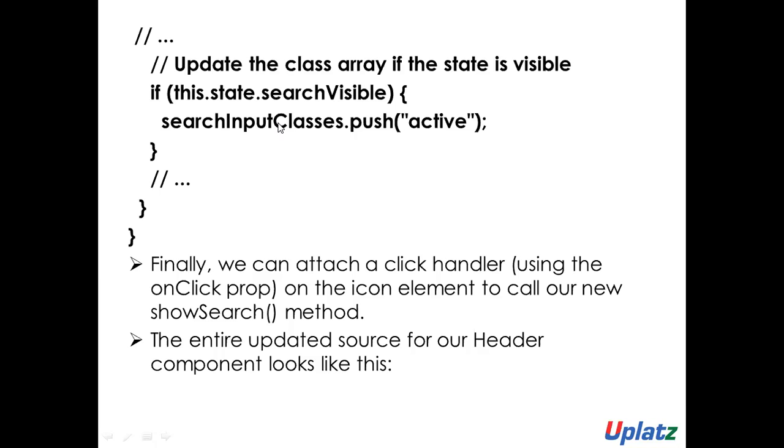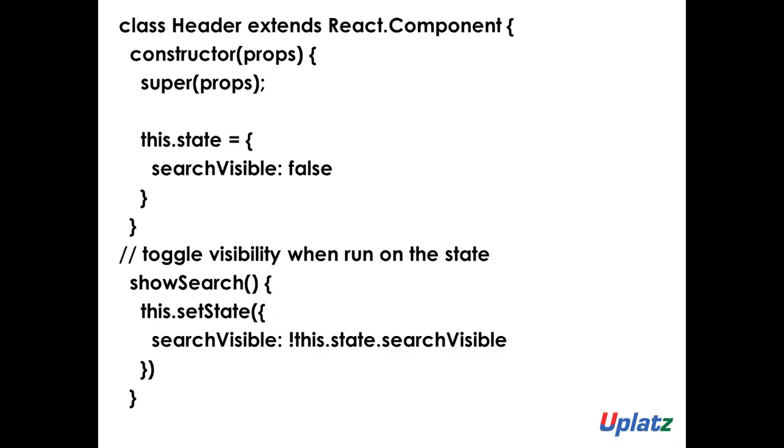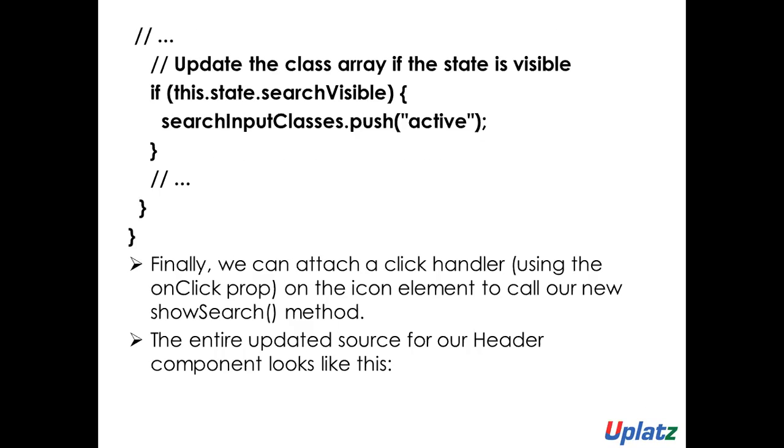In that particular class, I'm making the state visible, which means I'm pushing active inside that class. Finally, we can attach a click handler using the onClick prop on the icon to call our new show search method.